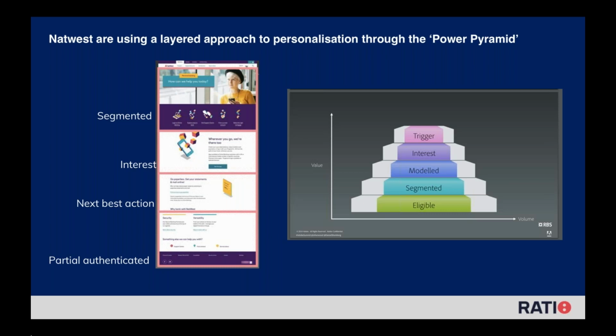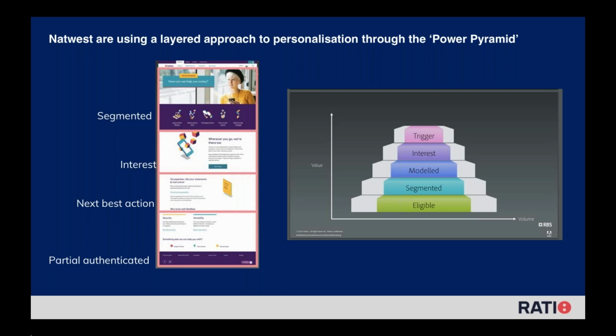But from there, they're looking at segmentation in order to deliver the relevant experience, and that's where we're talking about contextual elements about visitors, such as the marketing channel that they come from, for argument's sake.